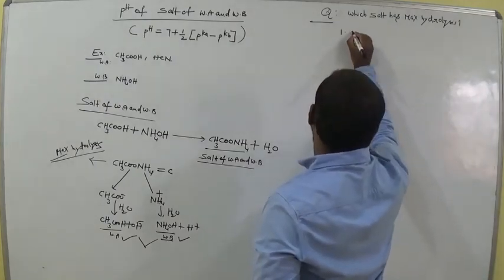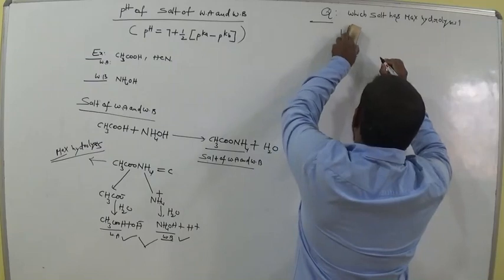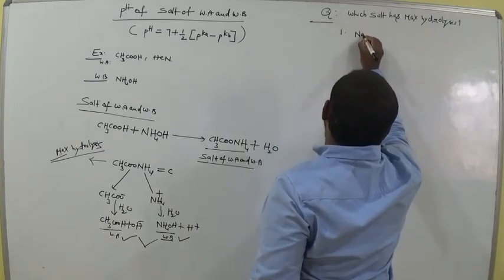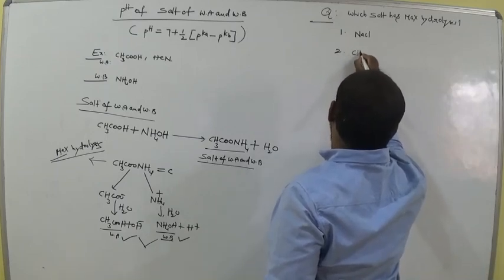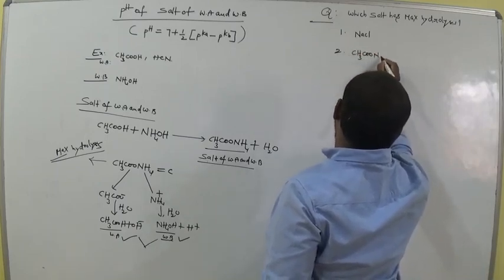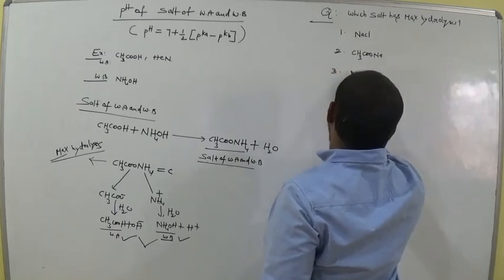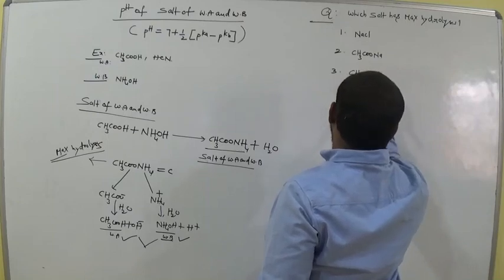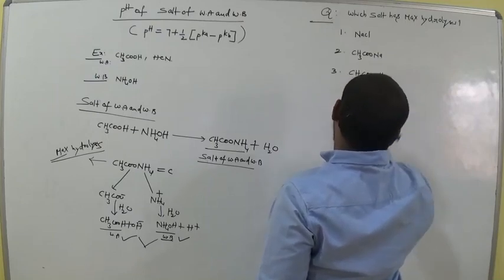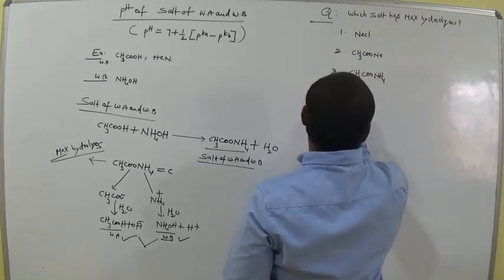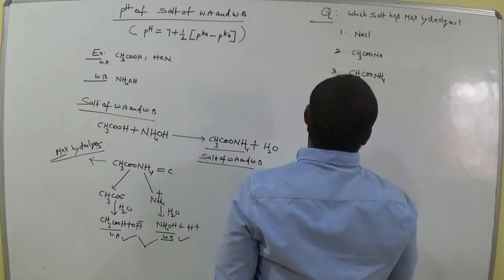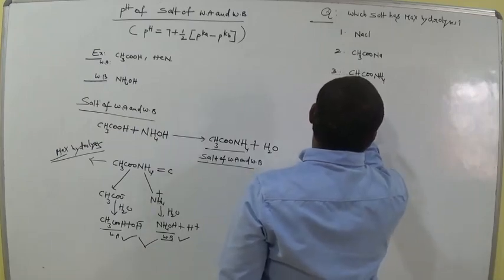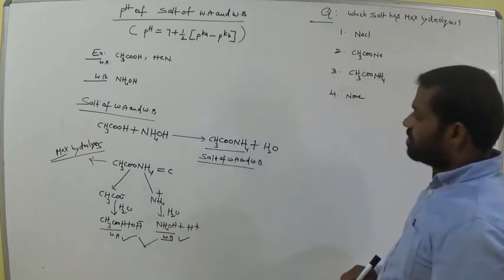The first one is NaCl, the second one is CH3COONa, the third one is CH3COONH4, and the fourth one is none of these. Okay, now which one?